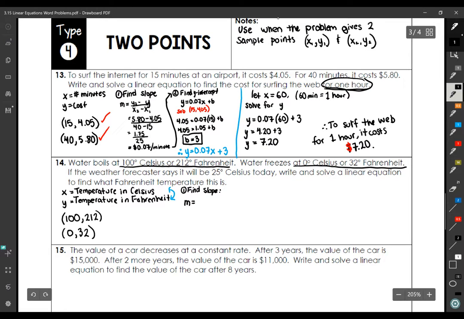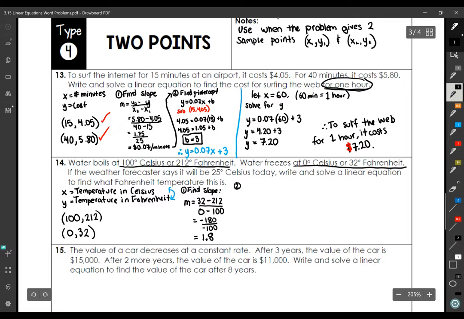So m is equal to y2 minus y1, so I'll put 32 minus 212 over 0 minus 100. 32 minus 212 gives negative 180 over negative 100, and that's going to give us 1.8. So that means we have a partial equation.